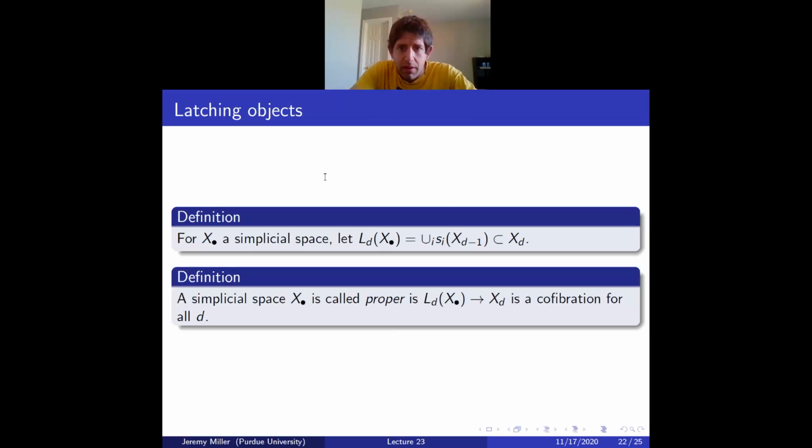The degeneracies s_i give you maps from the space of (d-1)-simplices to the space of d-simplices, and L_d is the union of the images of all the degeneracies in X_d. And then we call a simplicial space proper if the inclusion of the latching object into the space of d-simplices is a cofibration for all d.